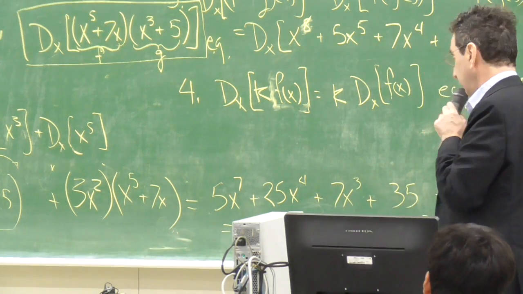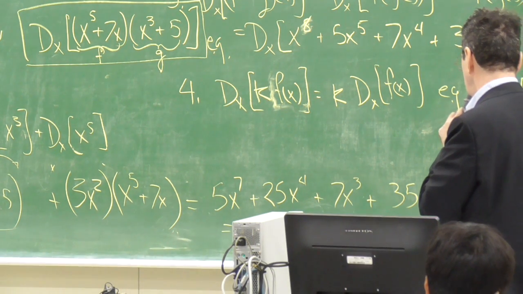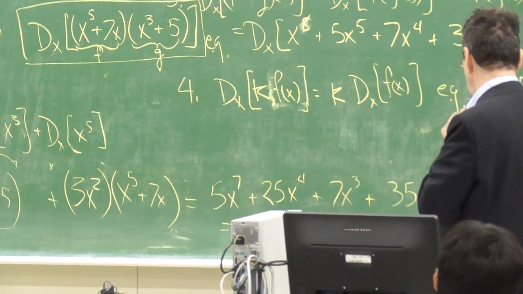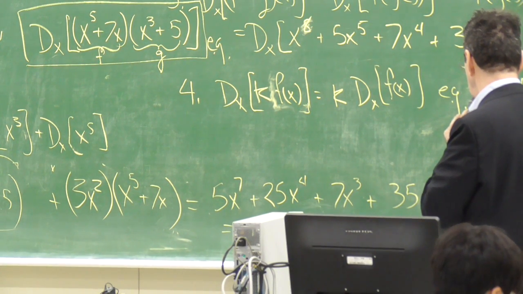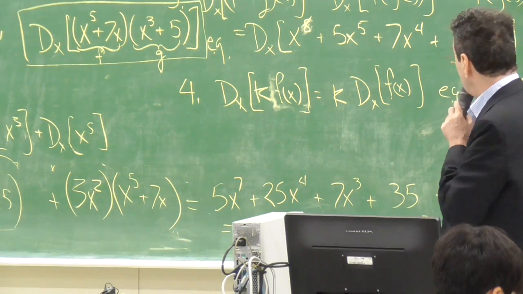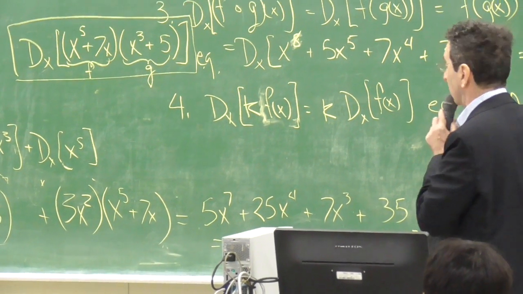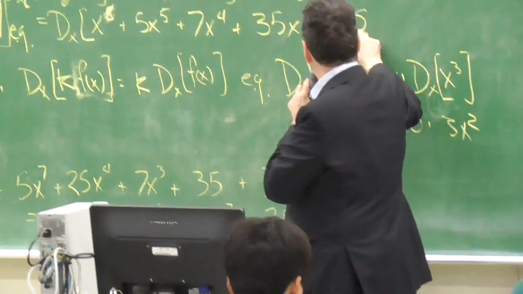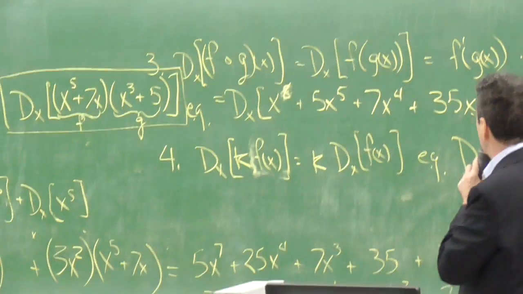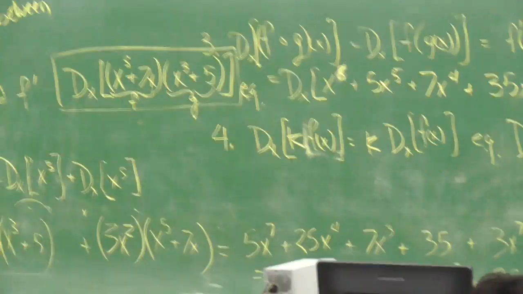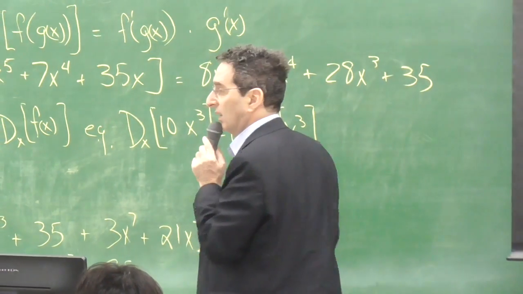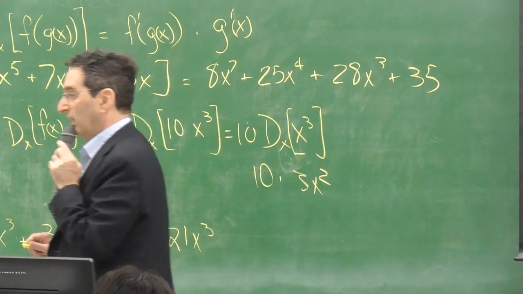Did I do that right? 8x to the 7th, yeah, 25x to the 4th, 28, no that doesn't look right, is that right? Yeah, 28x cubed plus 35. Okay, now how about up here? What do we got? 8x to the 7th plus 25x to the 4th plus 28x to the 3rd plus 35. We get the same thing, right? Okay, so it seems to work.